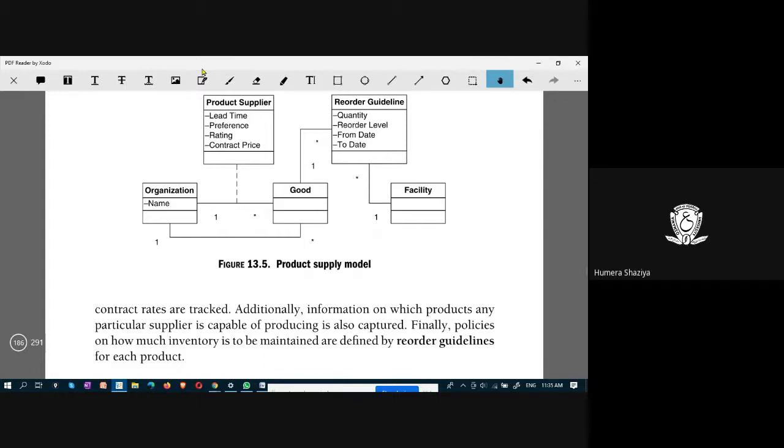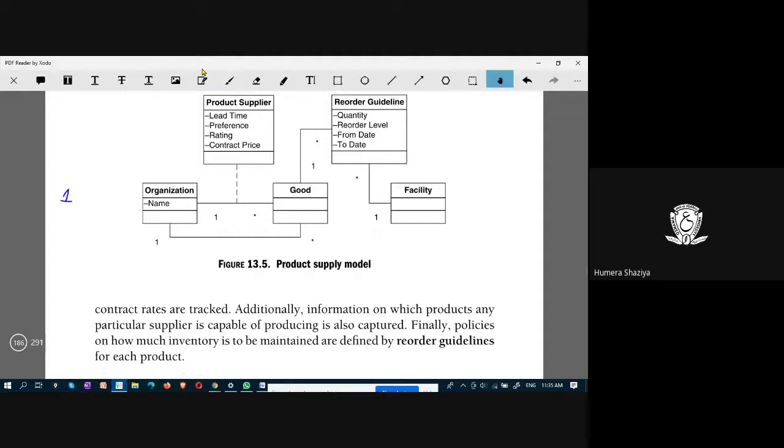That is reorder guidelines: when to reorder, why to reorder, how to reorder, what quantity, what is the reorder level. Sometimes people maintain at least, if I take an example of a rice bag, at least one rice bag must always be there.